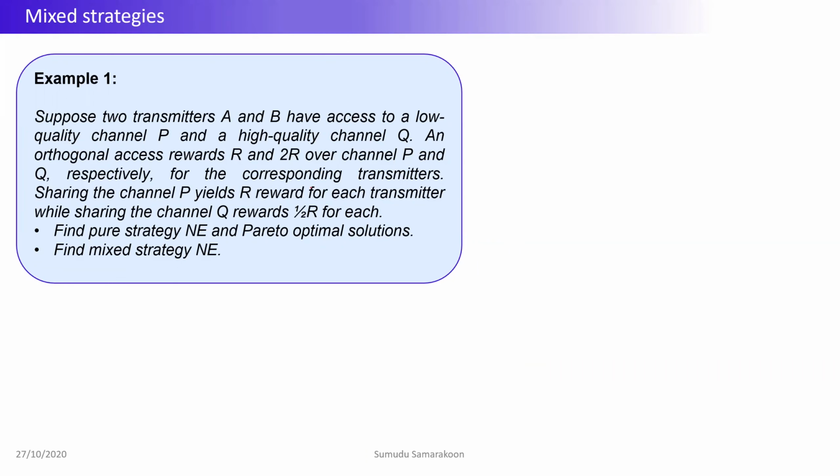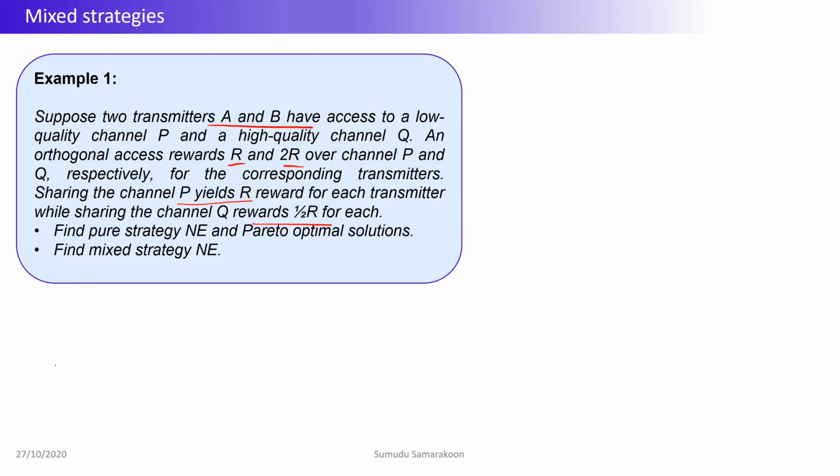Let's consider one example. Here you can see two transmitters having access to two different channels, P and Q. The orthogonal access rewards differently when accessing those two channels, and when they're sharing, they get different rewards for accessing the different channels.